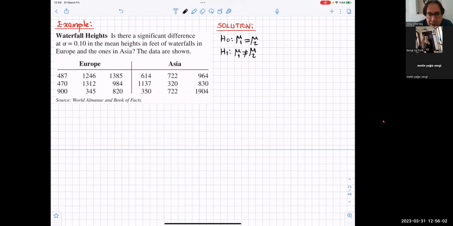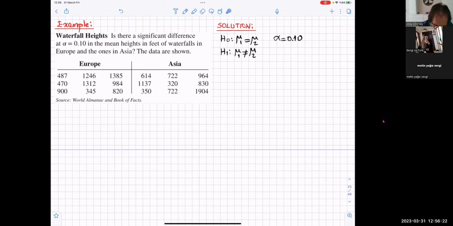That's how you establish the alternative hypothesis. The alpha level is 0.10, and for the sample sizes, you can easily count how many observations you have from Europe and from Asia, the number of waterfalls.